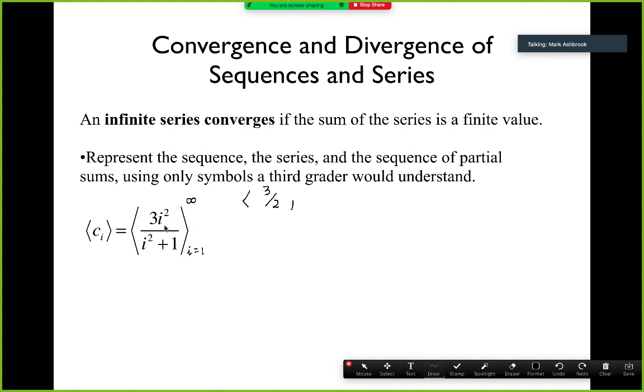Put in 2. 12 halves? I got 12 fifths. Oh, 2, right. 12 fifths. What am I thinking? Okay, sorry.